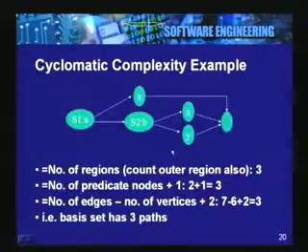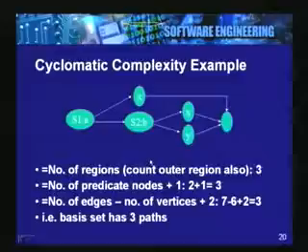This is your basis set, and if you cover these 3 paths, you are able to cover all the statements. This is your cyclomatic complexity example. It is interesting that even if you have too many statements and many paths, the number of regions could be small, and this basis set gives you the upper bound, so these many paths you need to generate.